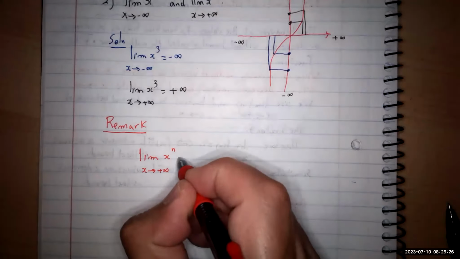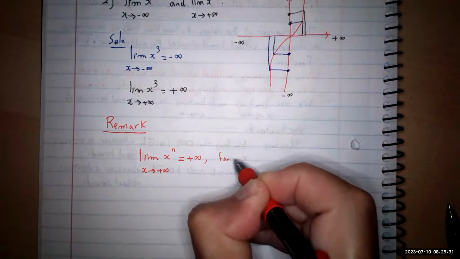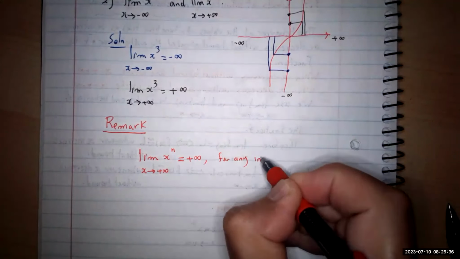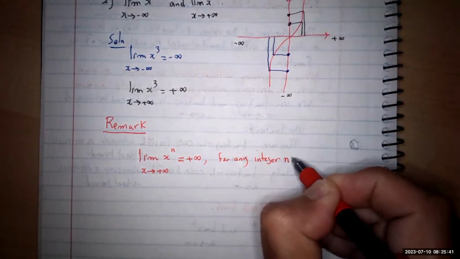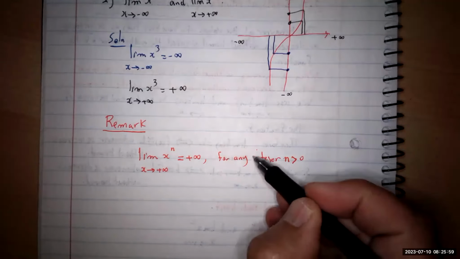So this result is going to be positive infinity, for any integer n greater than or equal to 0 if you like. x squared, to the 5th, to the 6th, etc. All of them would give you positive infinity, for any positive number.